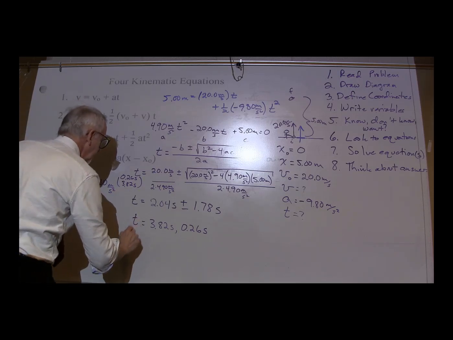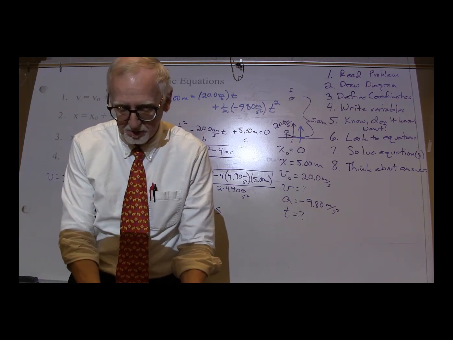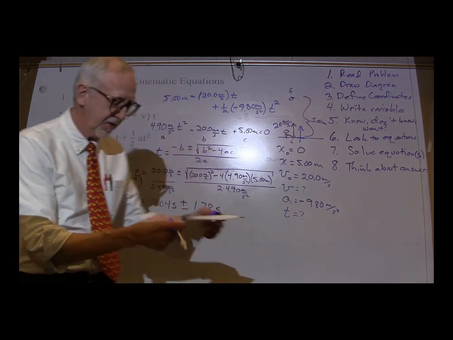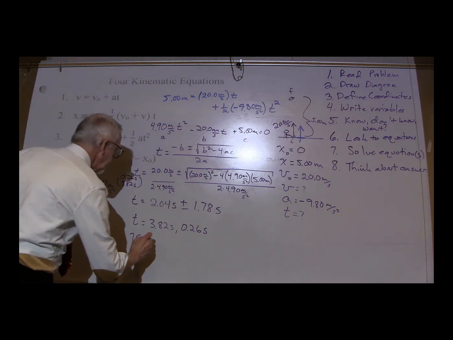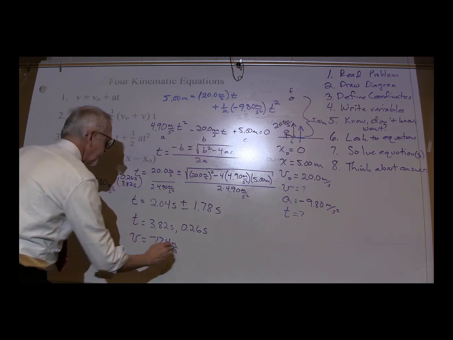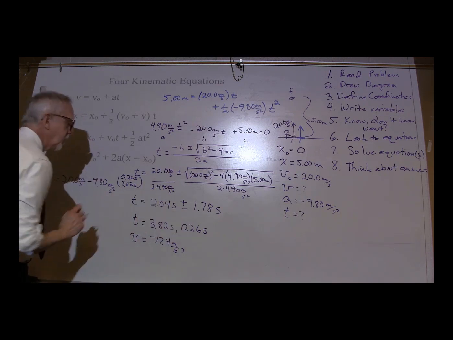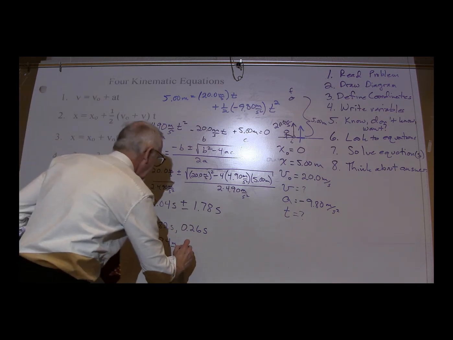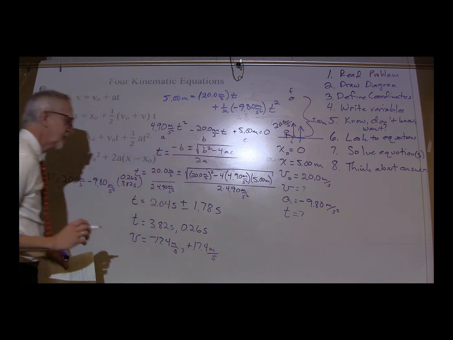Now, what values of v do we get for those corresponding times? Well, for the larger value, we get negative 17.4 meters per second. For the smaller value, we get positive 17.4 meters per second.